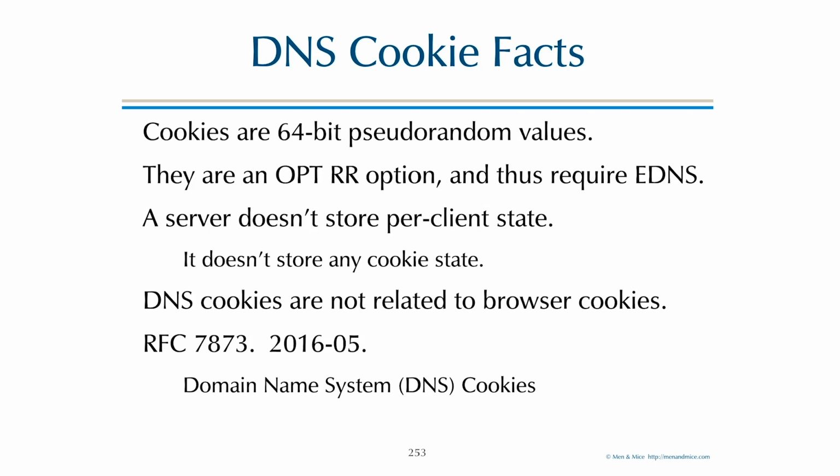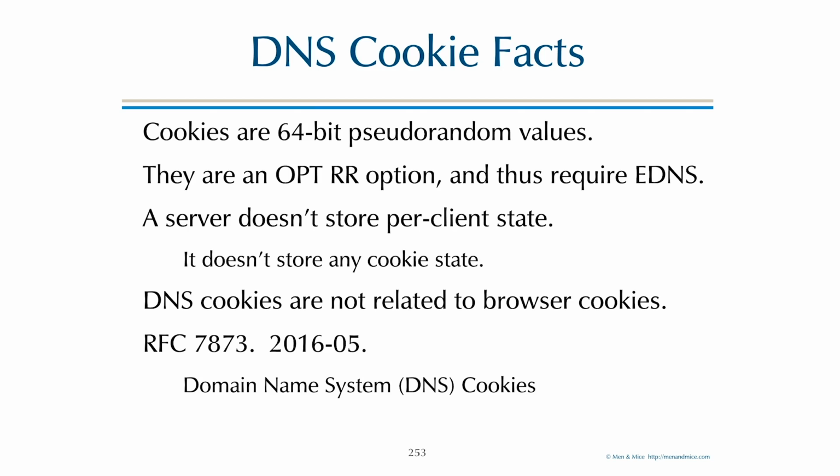Quick fact sheet about cookies. They are 64-bit pseudo-random values. The content for the pseudo-random generation is coming up on an upcoming slide. They require extended DNS, EDNS, because they are an OPT resource record. If you don't know what that means, you can look it up. There are other sources. Come to our courses. Servers do not have to store state for the clients, and that's a really big deal, because that would be a big load on the server.